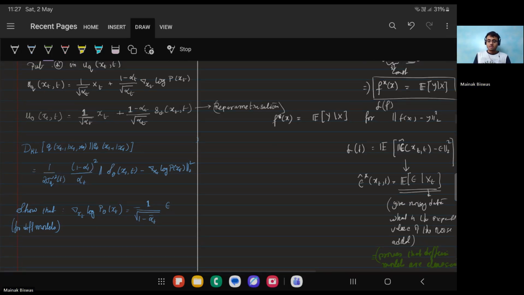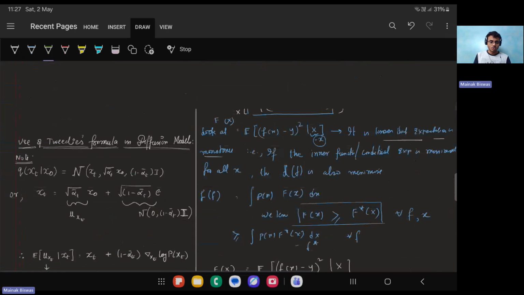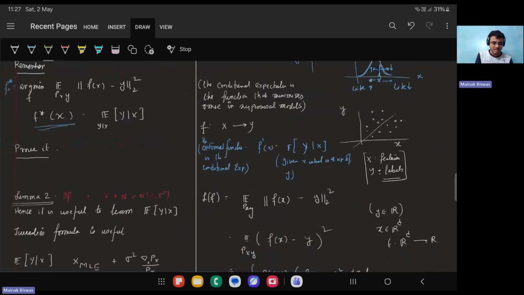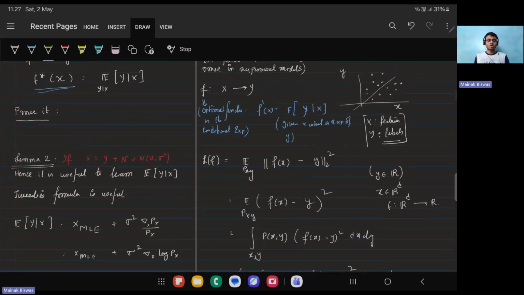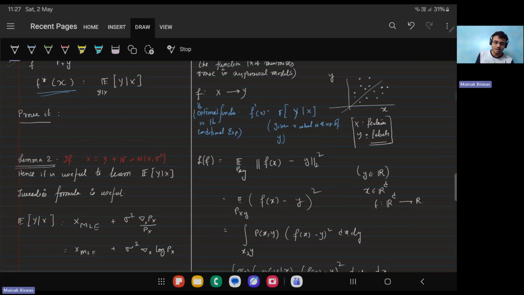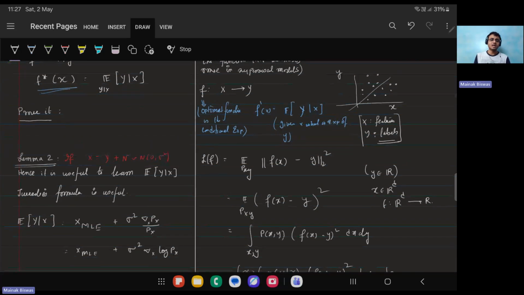Anyways, so now we have shown that the optimal function is the conditional expectation. The second lemma that I want to show you is this. We have been able to see that the conditional expectation is often very, very important because it gives you the optimal function when you're given two values, right? So now there's this Tweedie's formula that I'm going to prove.